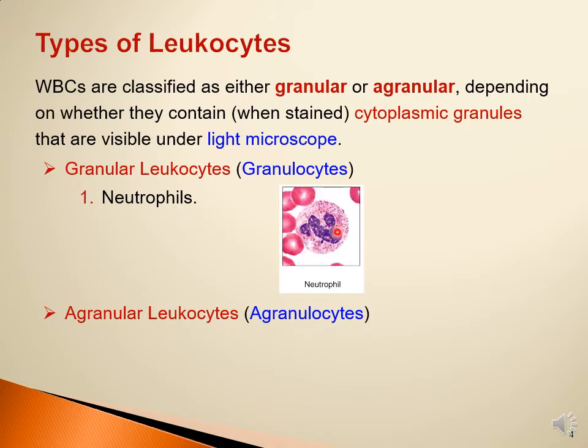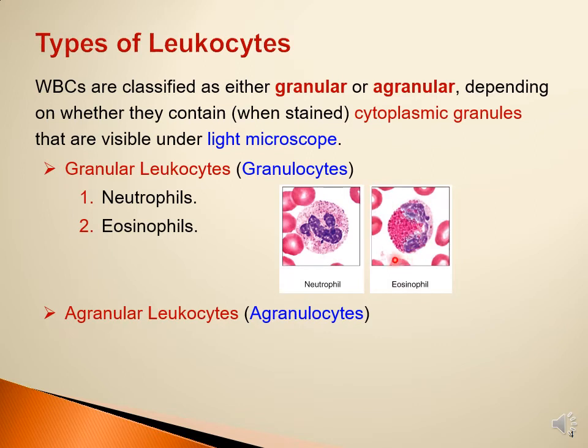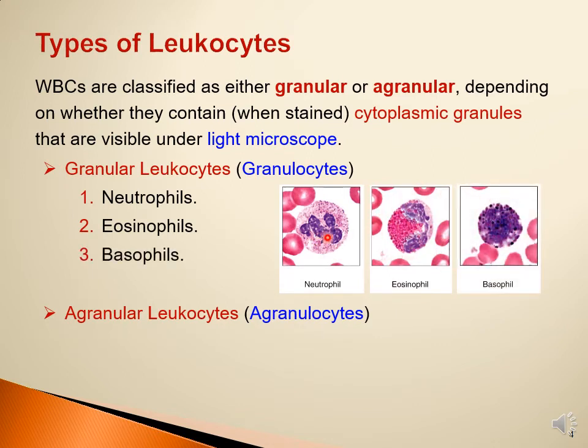You can see them here in this picture. Then we have eosinophils and basophils. We can see here in the cytoplasm granules of different colors that fill the cytoplasm upon visualization under the light microscope. That's why we call them the granular leukocytes.